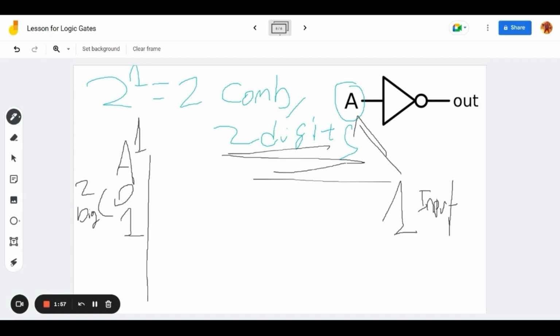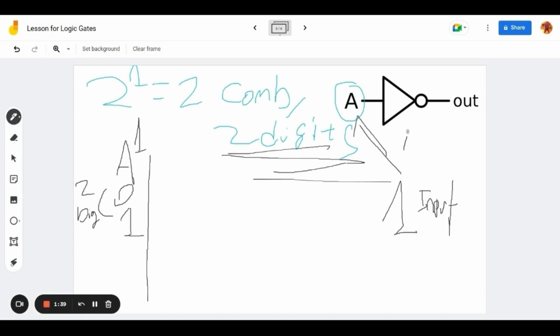Let me show you what this does. Just like how in math there are symbols to show addition, multiplication, and division, there's a symbol for a not gate, which is what this is called.